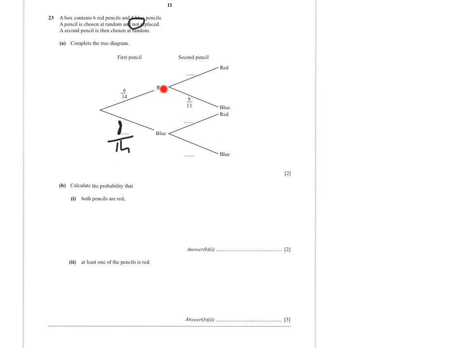And then if you have taken a red one and you do not replace it, then you will have 5 red ones left out of 13, because 1 pencil is not returned. And again, this is added together, 13 over 13, so 1. And if you first get a blue one, then you'll have 7 left out of 13 here, and still 6 red ones, but now out of 13 there.